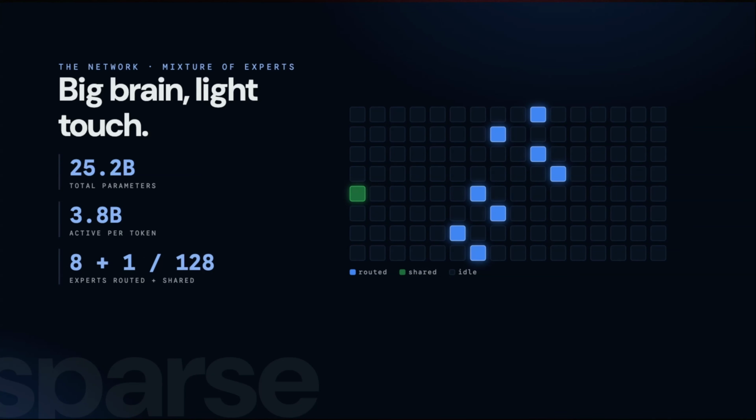Each token gets routed to just 8 of them, plus one expert that everyone shares. Around that core, it's 30 layers of sliding window attention with periodic global layers. So you have a context of up to 256,000 tokens and a small vision encoder that is just kind of riding along.